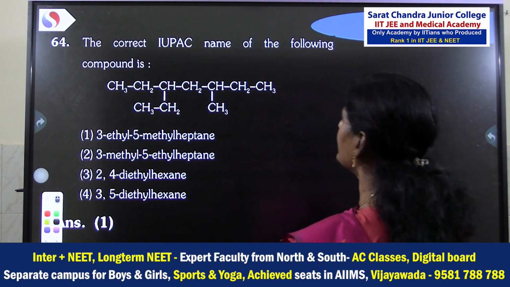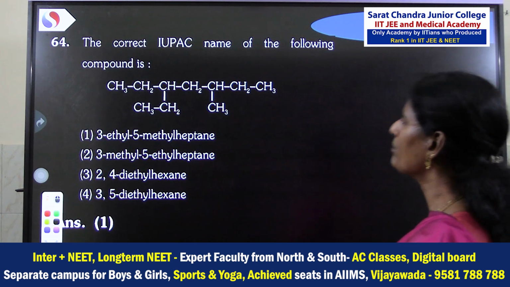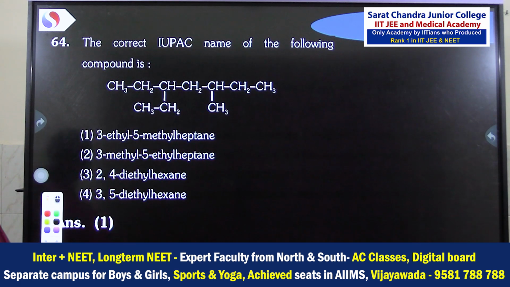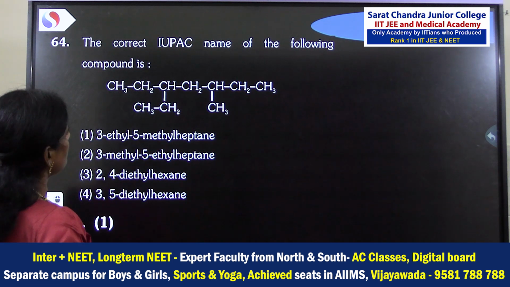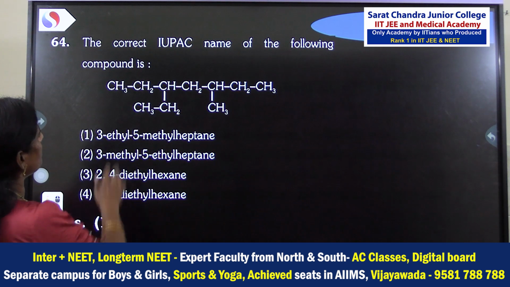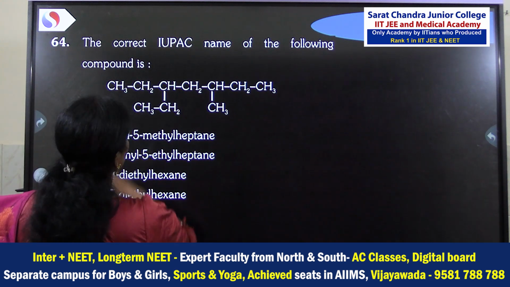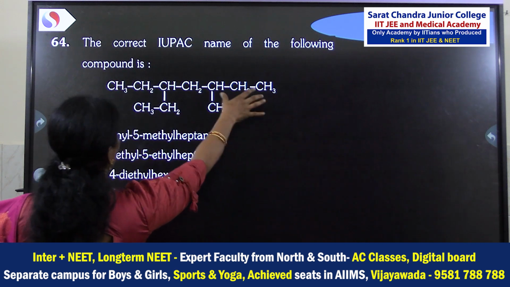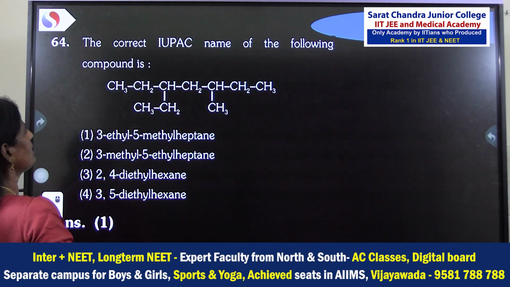Next one. The correct IUPAC name of the following compound is, a very easy question from IUPAC nomenclature. In this compound, the longest carbon chain is first selected: 1, 2, 3, 4, 5, 6, 7 carbons.